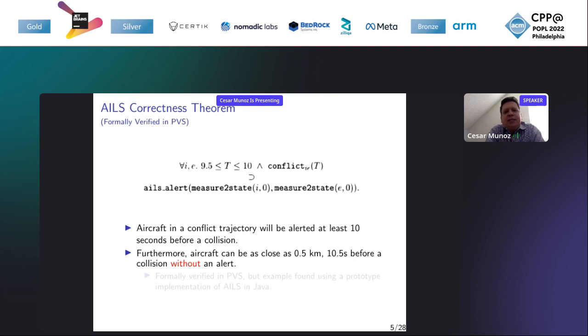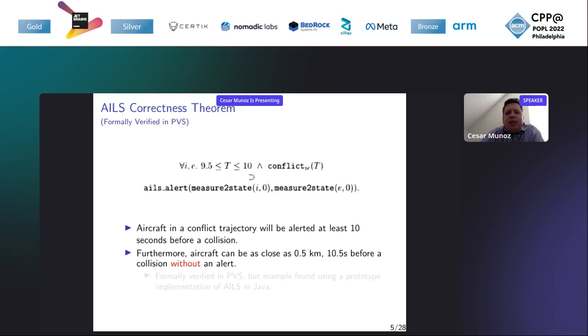This is the formal theorem that we prove: for a look-ahead time between 9.5 and 10 seconds, if there is a conflict between the aircraft, then it's guaranteed that this algorithm is going to issue an alert.